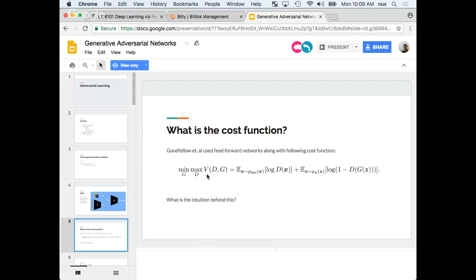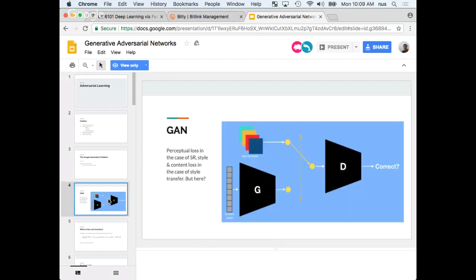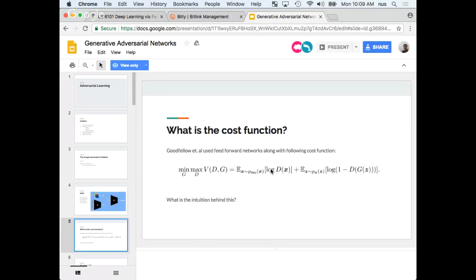And you can sort of get an intuitive idea of why this works. When you sample from the real samples, you look at the first part of the loss. You want to maximize the output of the discriminator. The output of the discriminator is, if it's a real image, it'll output close to 1. And if it's a fake image, it'll output close to 0, as in lower values.